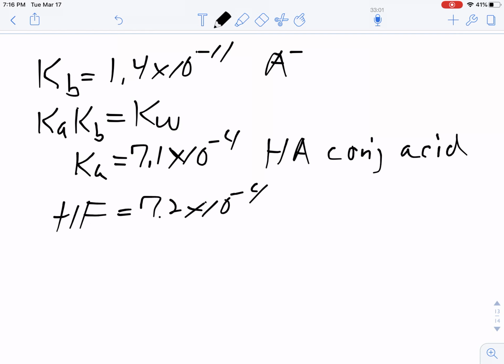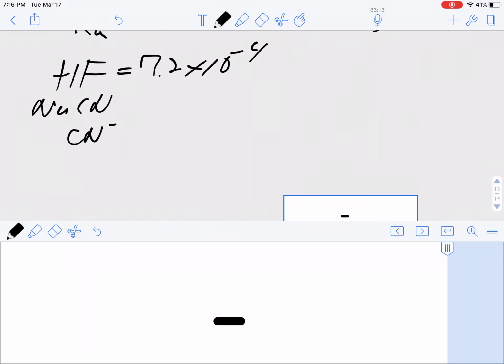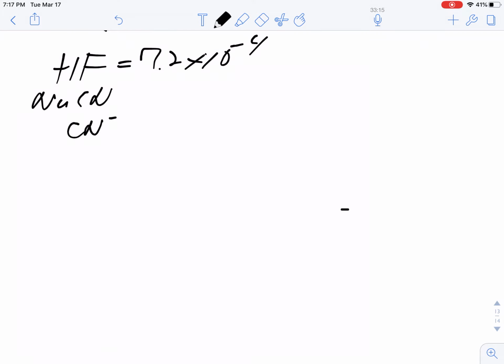Here are all the salts they gave us as possibilities.